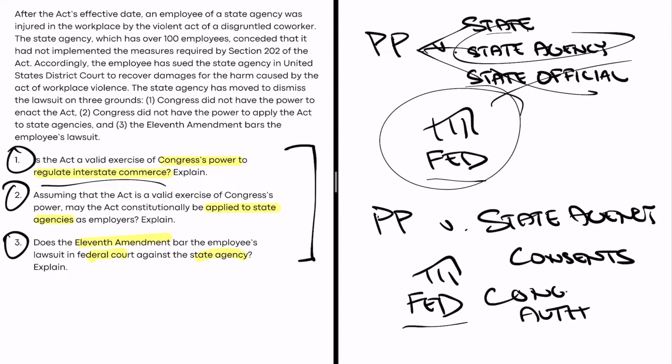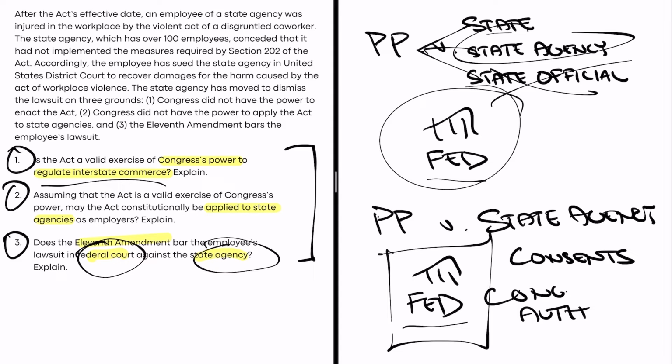When we have a private party suing a state official or state agency in federal court, which is happening here, we see the call of the question tells us it's a private party suing a state agency in federal court, we know that's barred unless an exception applies. We have consent and congressional authorization.